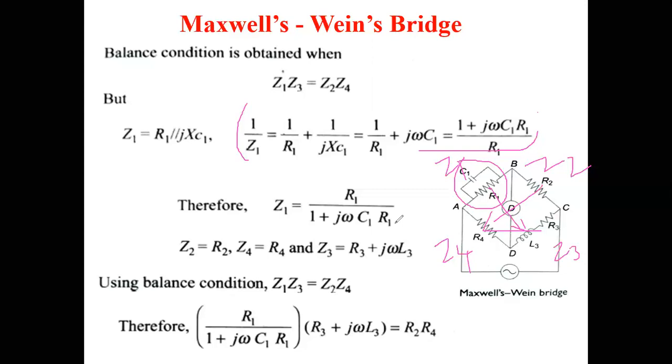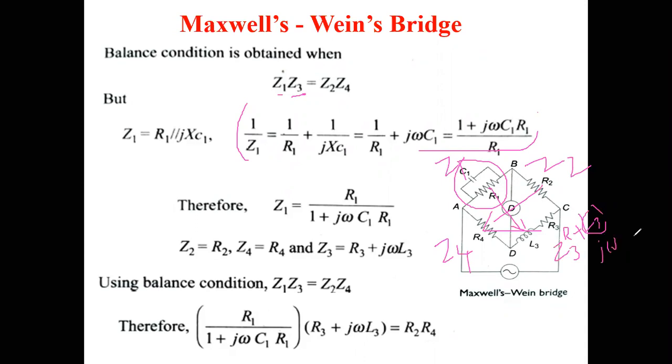That is the Z1 value. And what about Z3? Z3 is the combination of R3 plus L3, and L3 can be replaced by its impedance value, J omega L3.